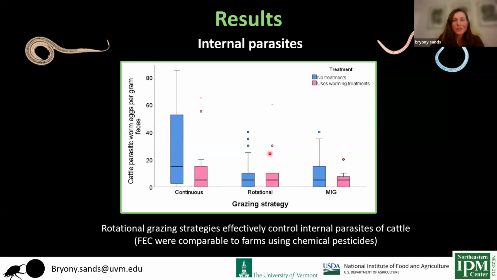However, when we look at these rotational grazing strategies, we can see that the farms that were using no treatments had significantly reduced risk of internal parasites in their cattle, down to a level that was equivalent to the farms that were using worming treatments. So that just shows that rotational grazing strategies can effectively control internal parasites of cattle down to a level comparable to farms that were using chemical pesticides.